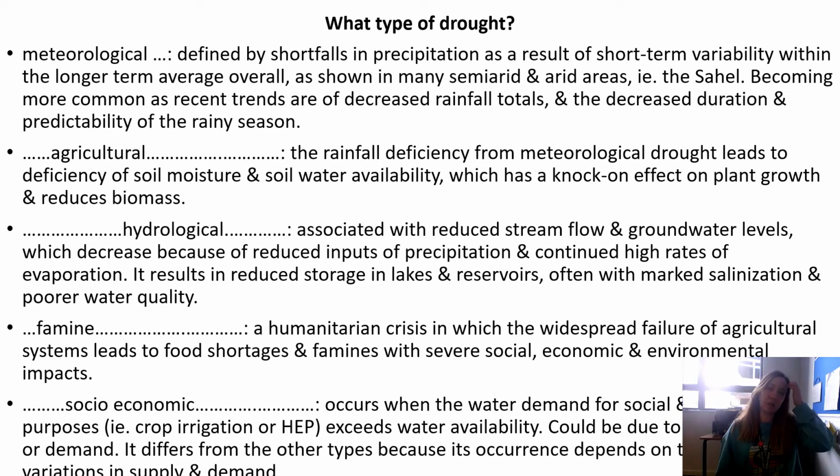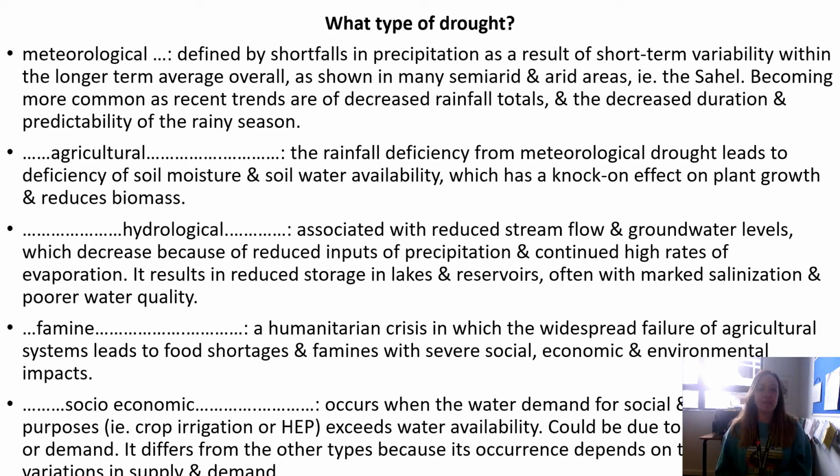So once a place becomes in hydrological drought, it becomes much more of an issue and it's much harder to reverse. The Colorado River Basin, which we touched upon yesterday, is an example of a place that's in hydrological drought, because over a longer period of time, the meteorological droughts have turned into agricultural droughts, which over time have led to an actual decrease in the amount of water in the river.